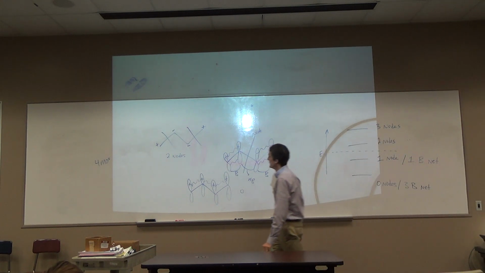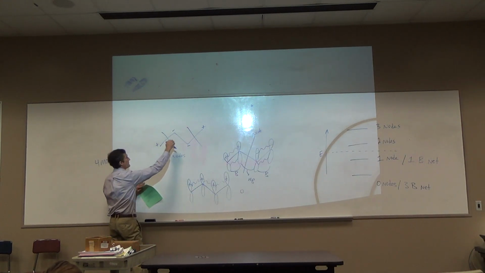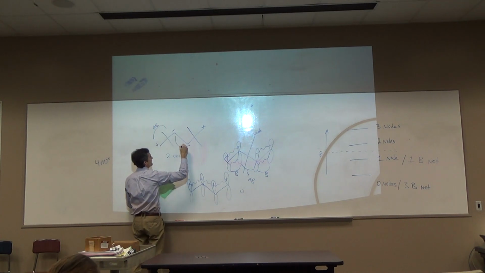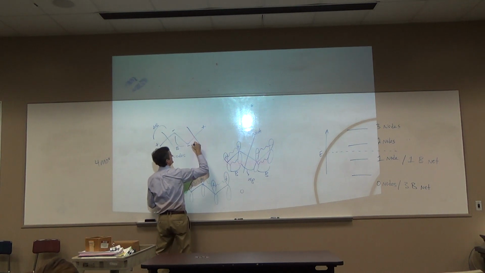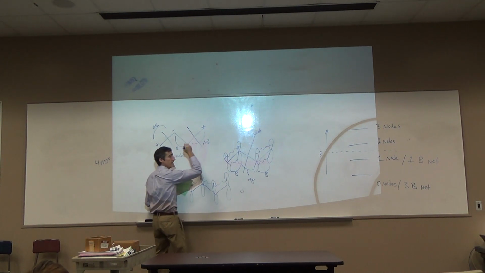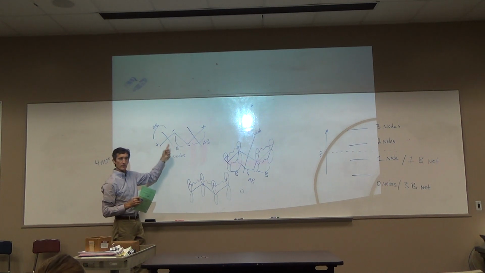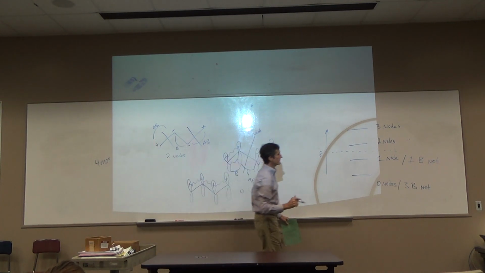Okay? What type of interactions do you have up here? What is this interaction? Antibonding. What about here? Bonding. And what's the net here? Antibonding cancels a bonding. What are you left with?